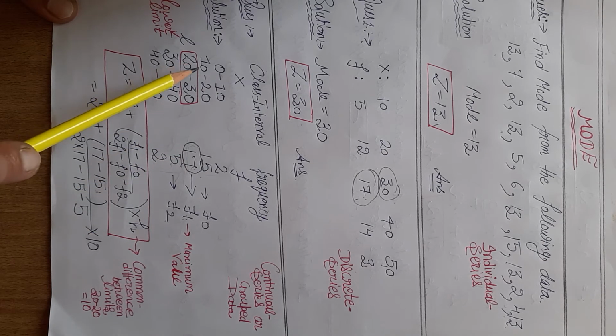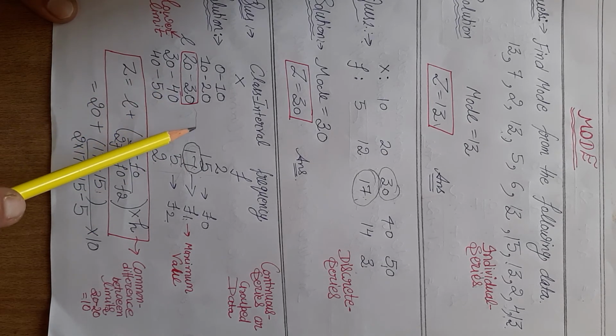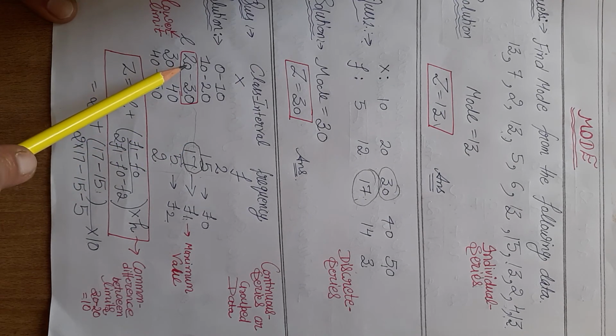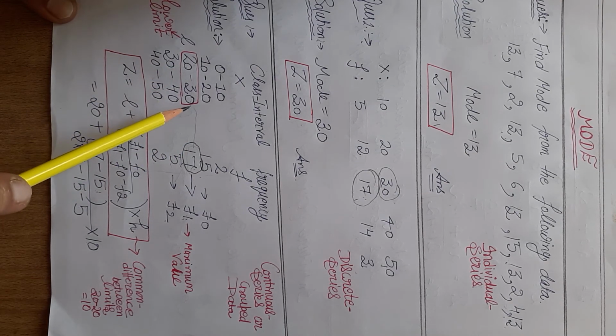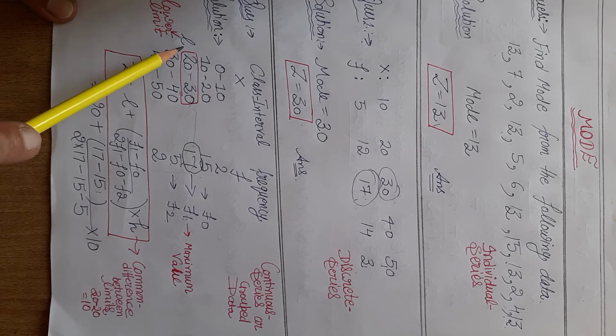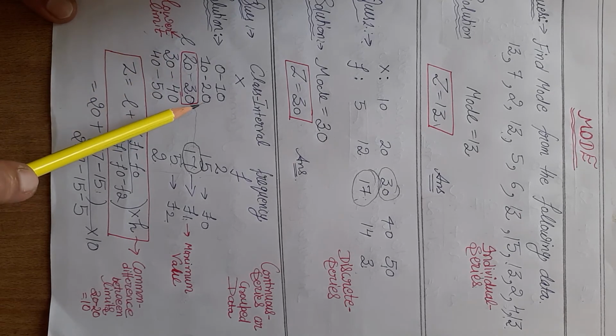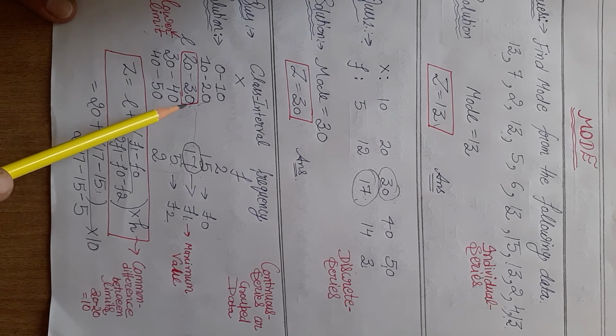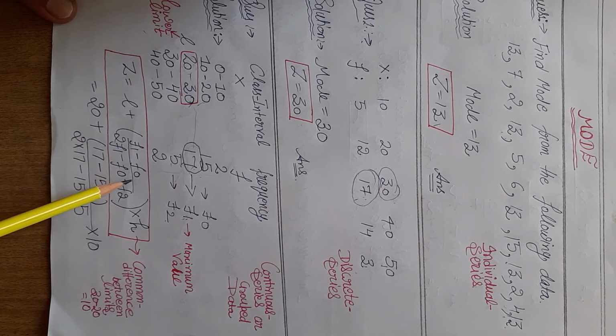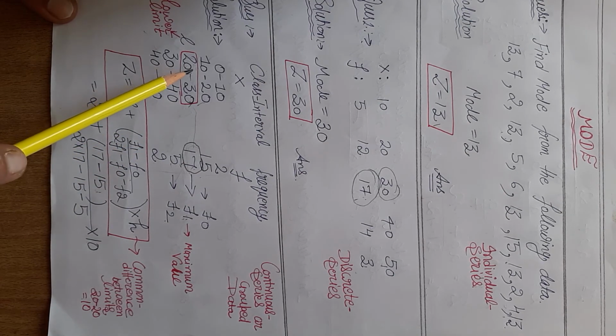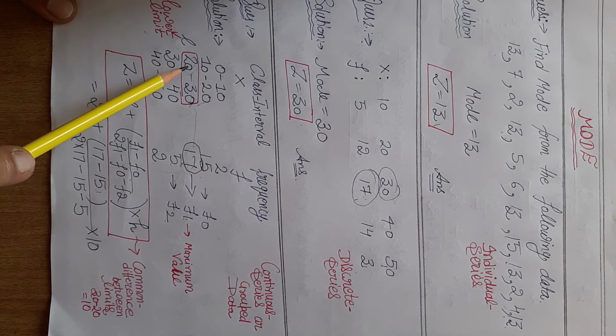And the interval in front of this number is 20 to 30, and we take 20 as our lower limit because 30 is the upper limit. We can't use the upper limit in our formula. So we take lower limit 20.